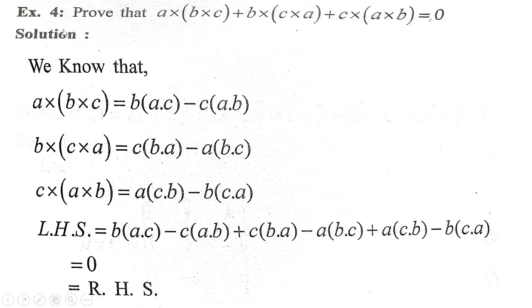Now next example, prove that a bar cross b bar cross c bar plus b bar cross c bar cross a bar plus c bar cross a bar cross b bar equal to 0.